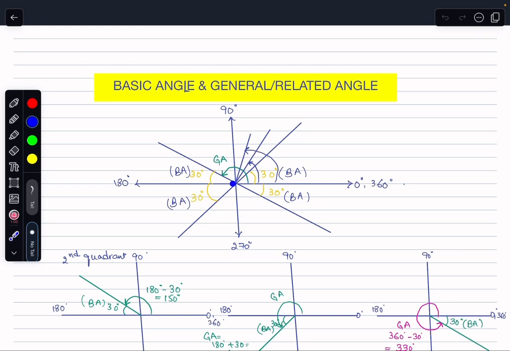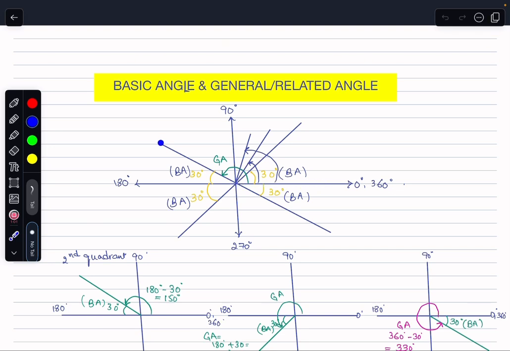Here, I have started the explanation with respect to the basic angle, which is 30 degrees. Basic angles means all the angles which are with respect to the x-axis. Here, in the rotation, it's 30 degrees with the x-axis, so this angle is called the basic angle.